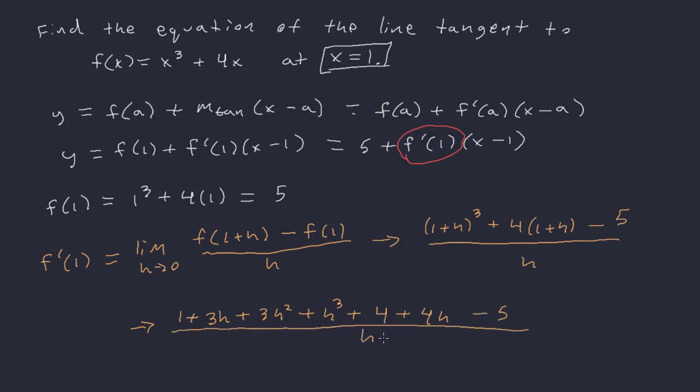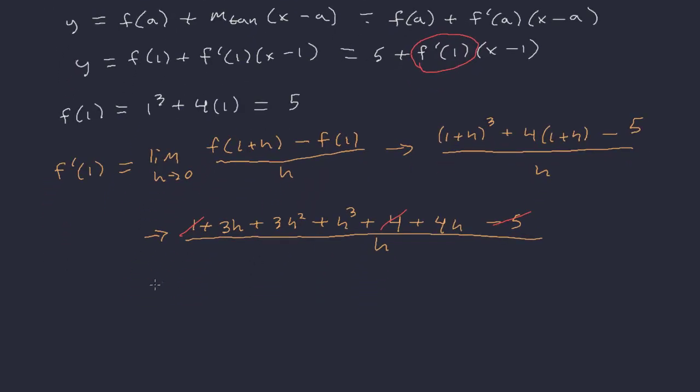All over h. And again, I have a 1 plus 4 minus 5, so these all go away. And exactly as I promised before, we're only left with things with h's. We have a 3h plus a 4h, so that will become a 7h plus 3h squared plus h cubed, all over h.